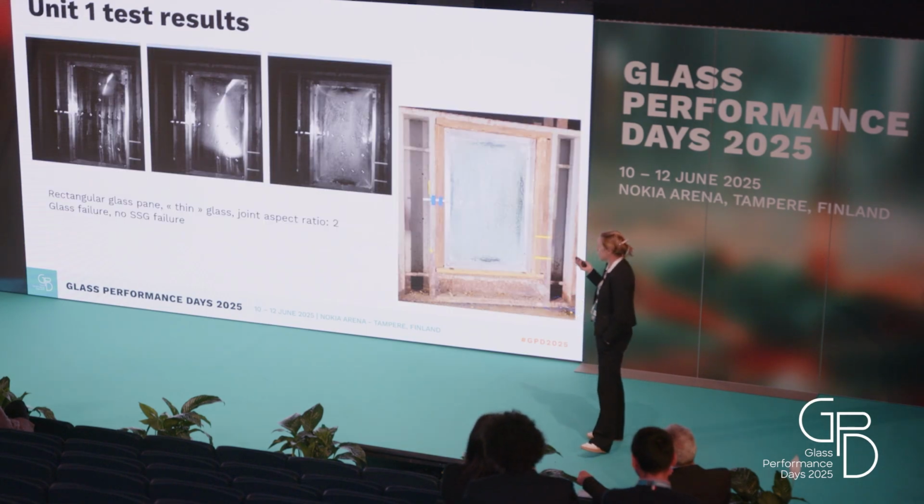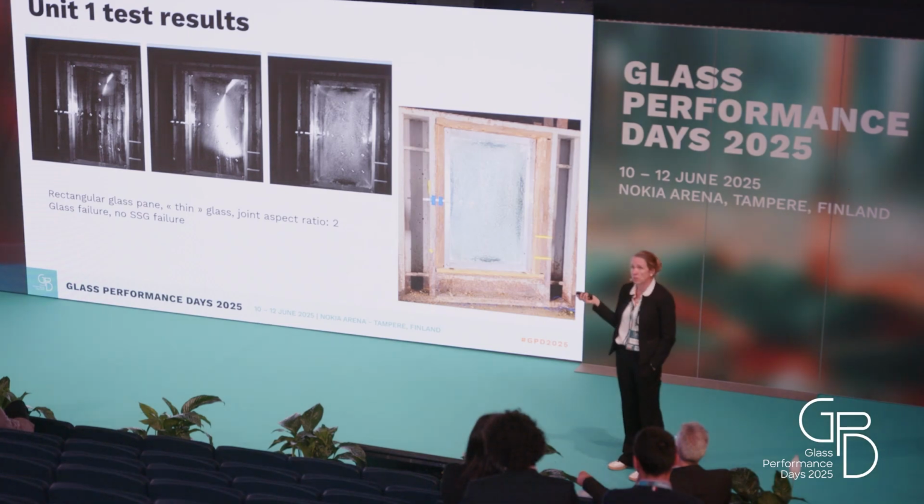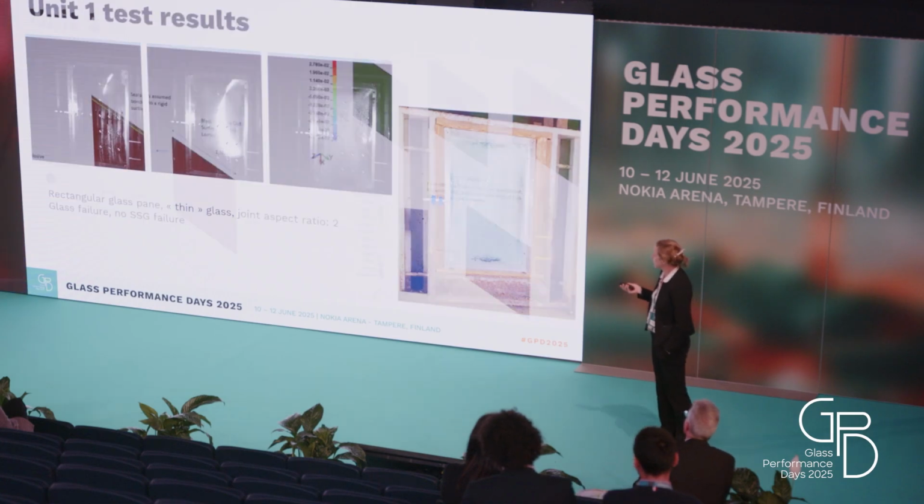Both glass panes broke, but nothing happened to the structurally glazed sealant. These tests have been recorded with high-speed video so that we can monitor very closely the breakage pattern for the glass, which was part of the research done with Arup as well.